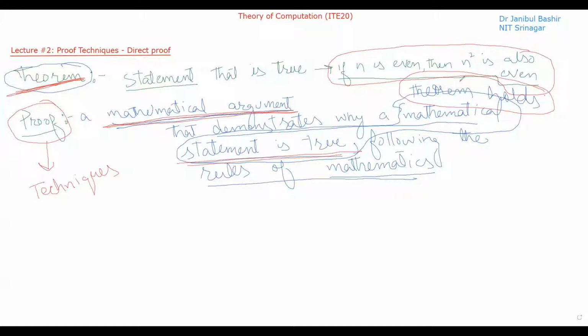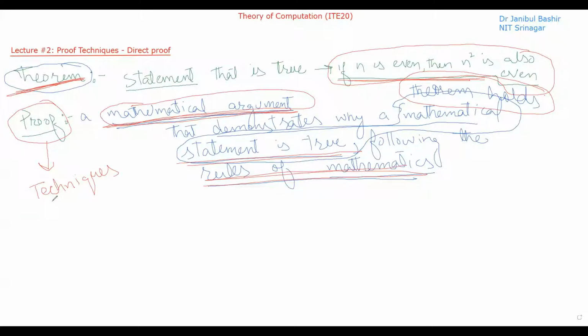Now we need a proof for this particular statement or theorem. For a proof, we need to design a mathematical argument that will demonstrate this statement is true. But while designing this argument, we should follow the rules of mathematics. In this lecture, we will discuss different techniques that can be used to create this particular mathematical argument.